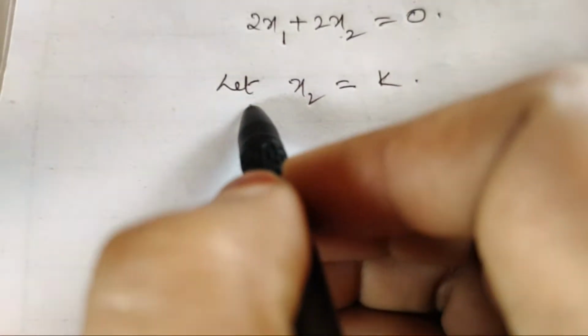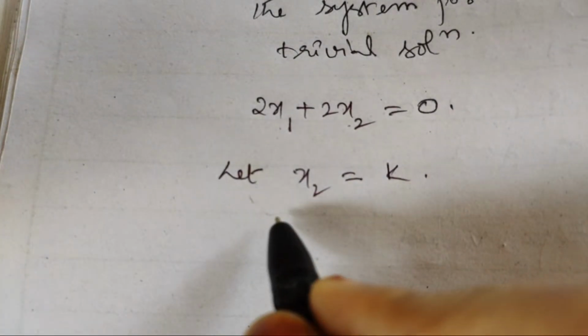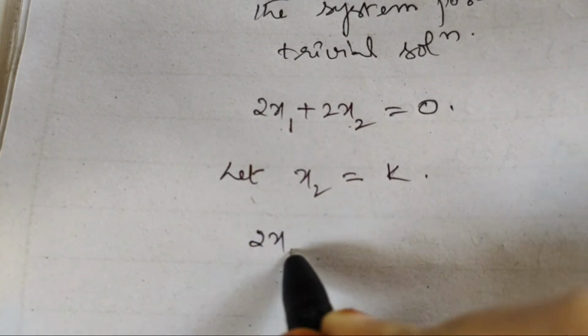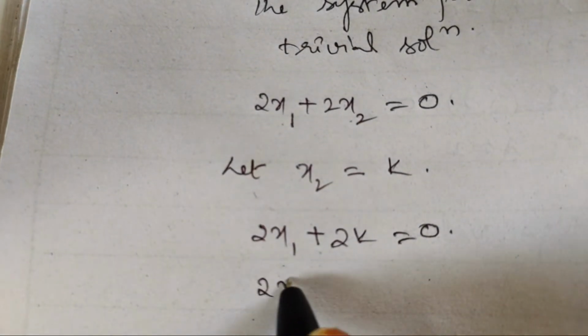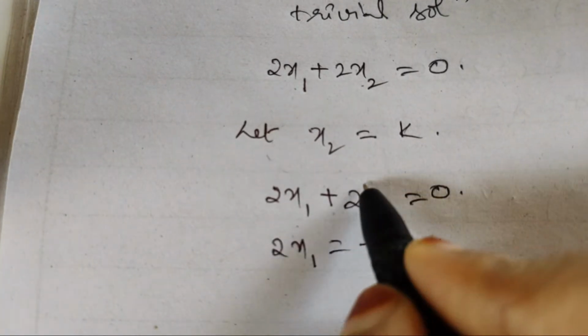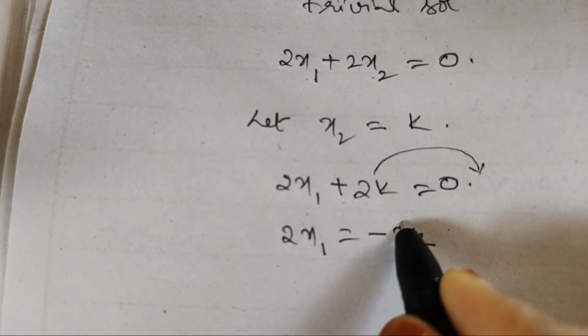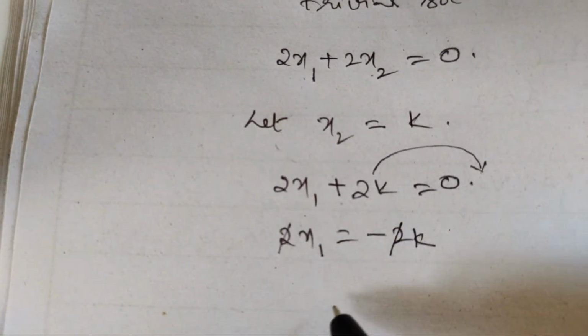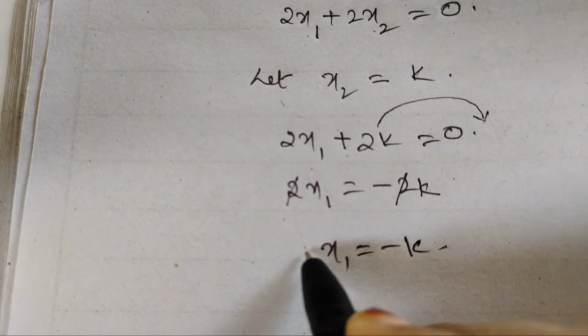When I substitute into this equation, what do I get? 2x1 plus 2k equals 0, so 2x1 equals minus 2k. When I send the 2k to this side, it becomes minus, so this and this get cancelled. x1 equals minus k.